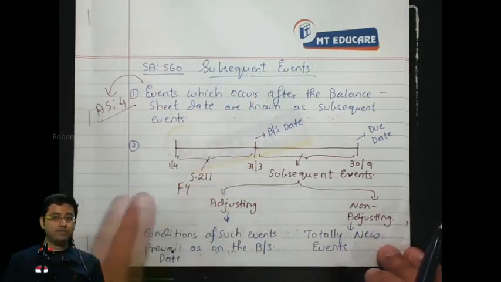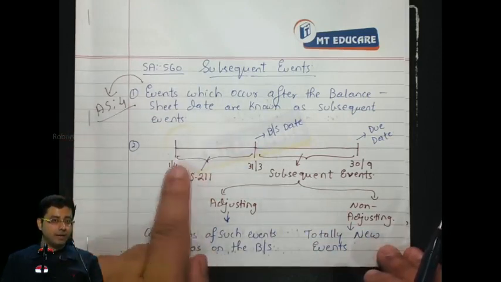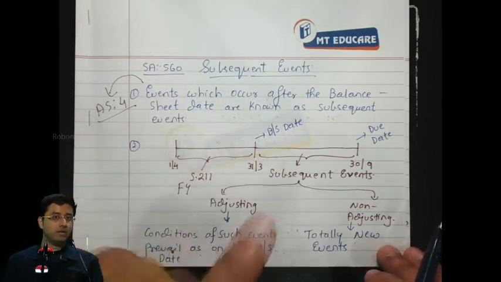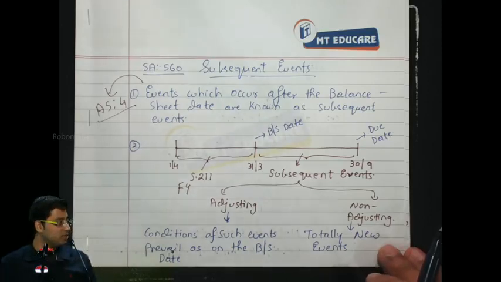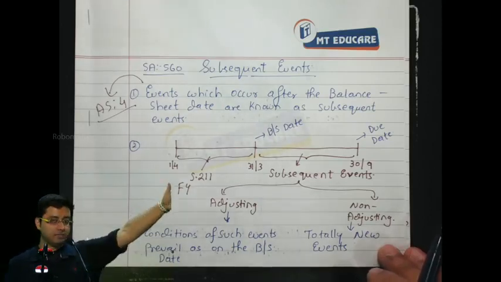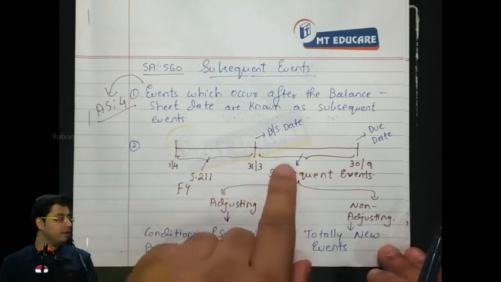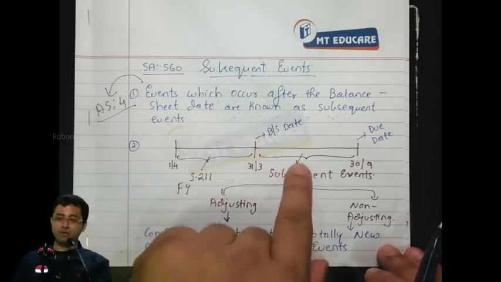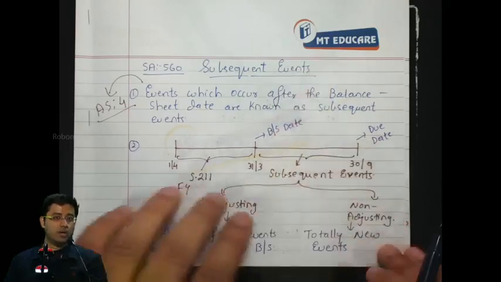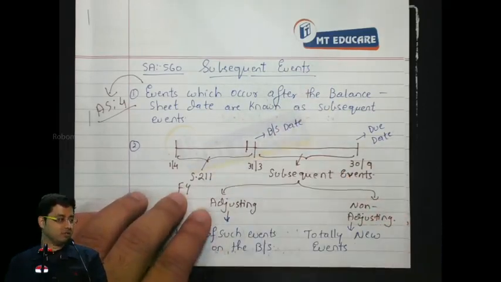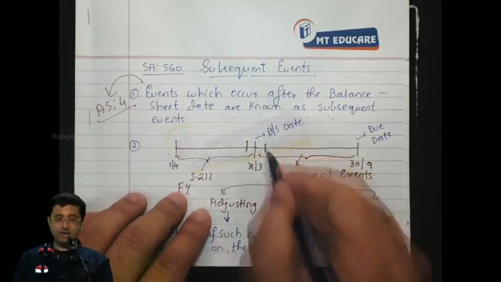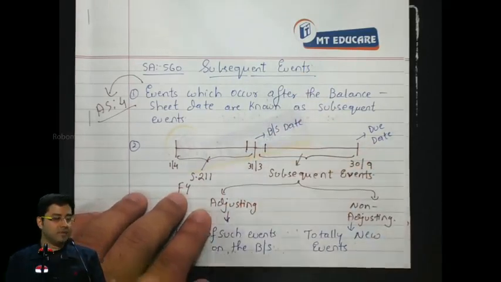Now understand properly. Suppose in this period you sold goods on credit basis. It is possible that the debtor may make you the payment somewhere after the balance sheet date gets over. If you make a sale very close to 31st of March, it is possible that the debtor will make you the payment at this point.